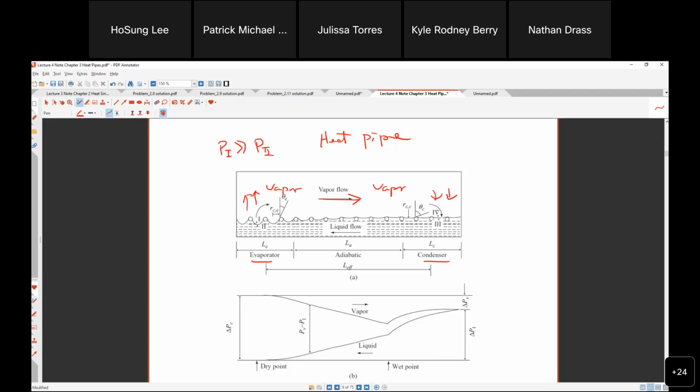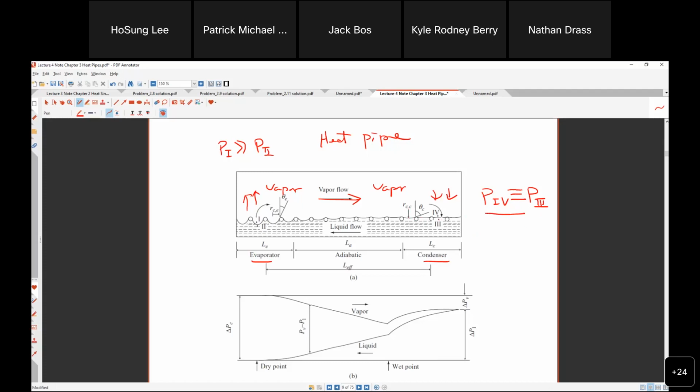Anyhow, the upper is 4, the lower is 3, let's say. So what is the relation between pressure 4 and pressure 3, if it is flat? Are they the same? The Young-Laplace equation tells us the radius is infinitely large, flat.